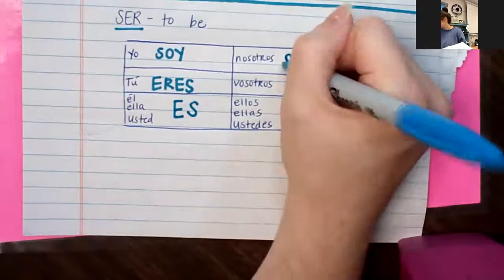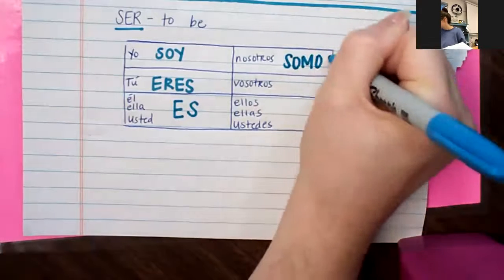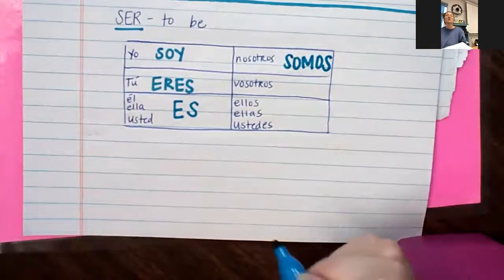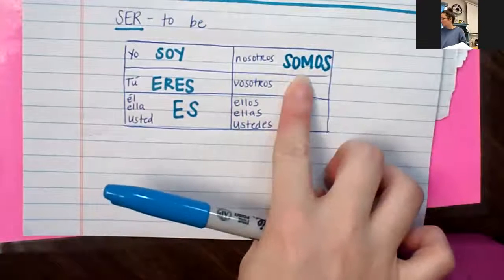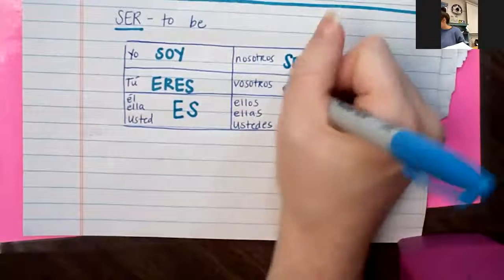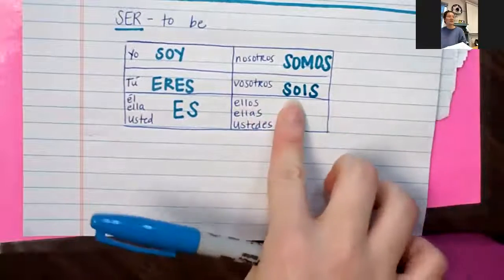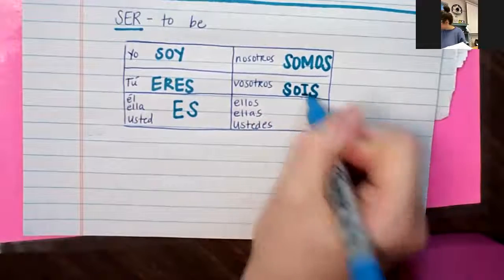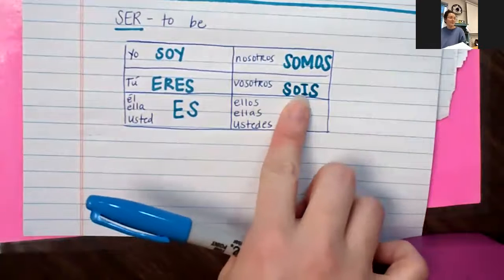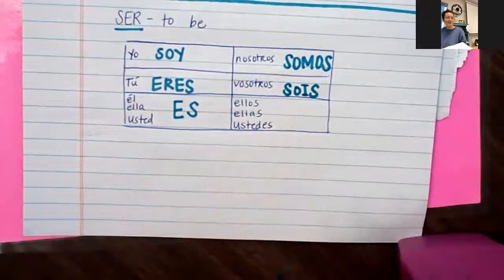Nosotros will be somos. So this will be we are. Vosotros sois. It's an i. So this will be y'all are. And this is just in Spain.